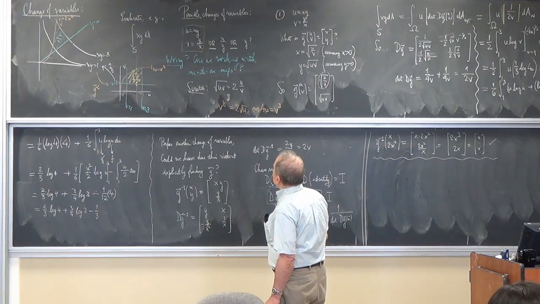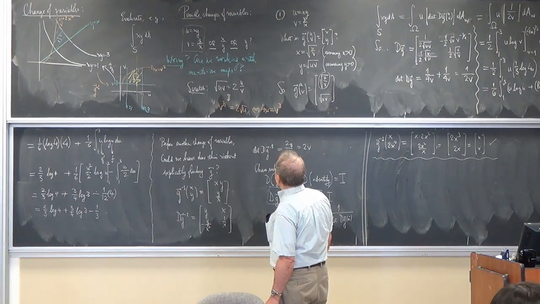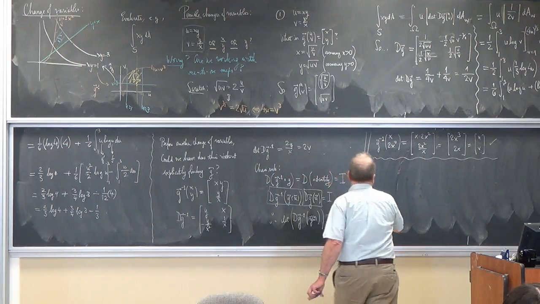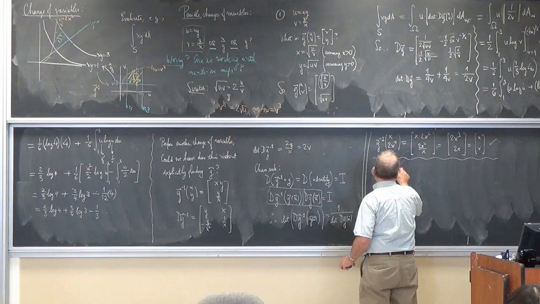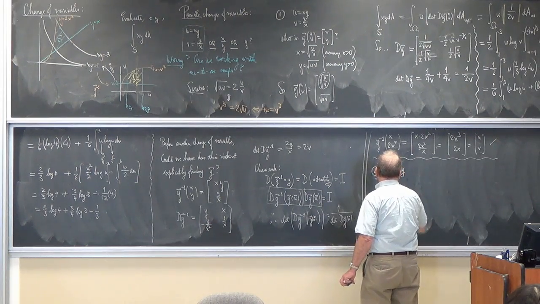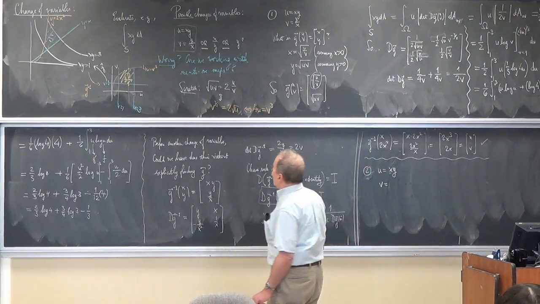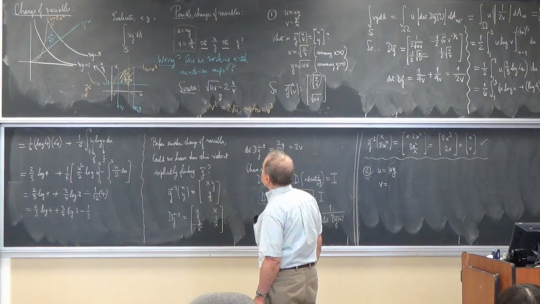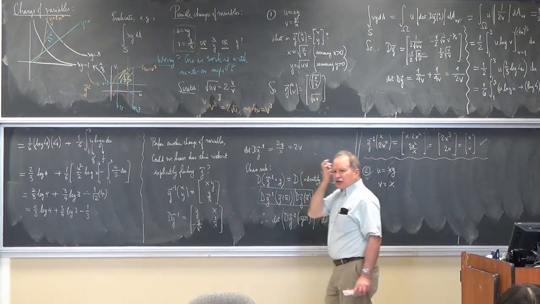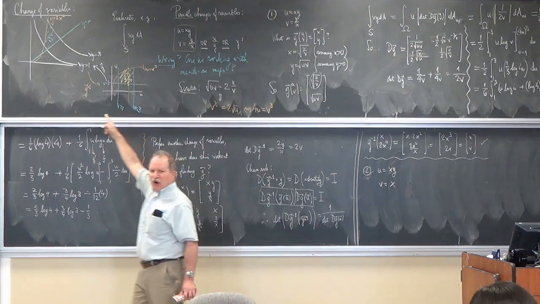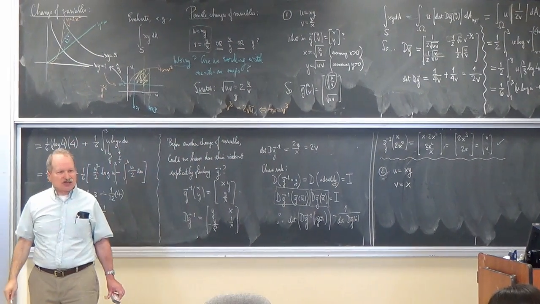Do we see any preference for y over x for our change of variables? So if we still stuck with xy, do we see a preference for using y versus x? Well, maybe x would be better just because y equals 2x squared is the equation of the orange curve.